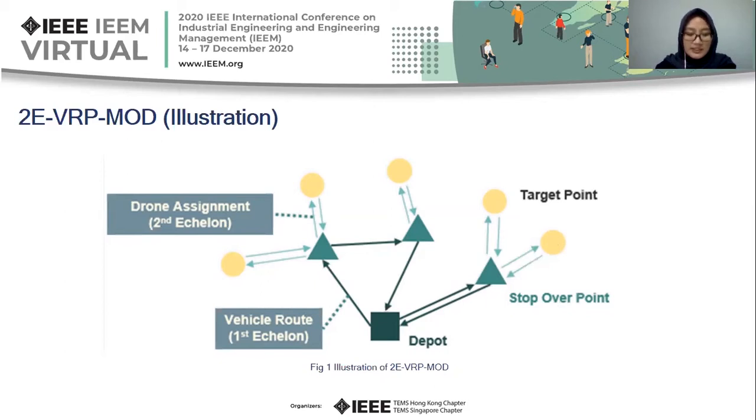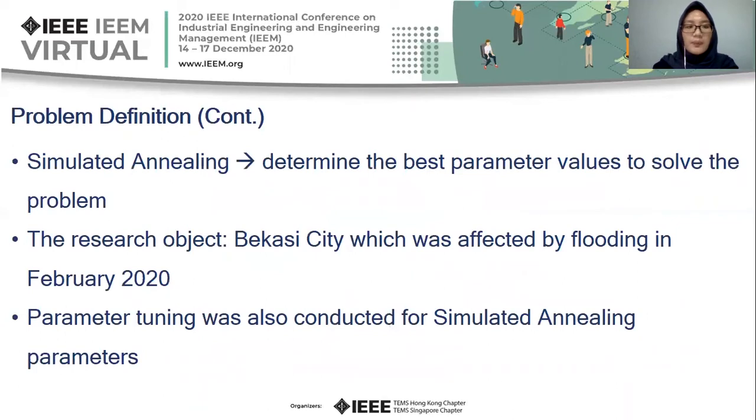The situation is depicted in a 2-echelon distribution network. The first echelon considers the ground vehicle traveling from a depot to the stopover point, and the second echelon considers the drone launched from the stopover point to the target point or the mapping points.